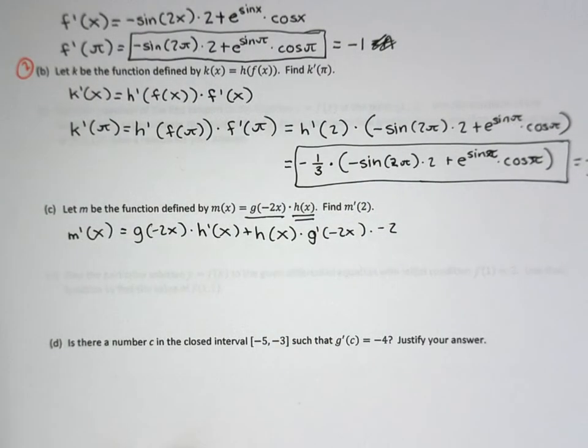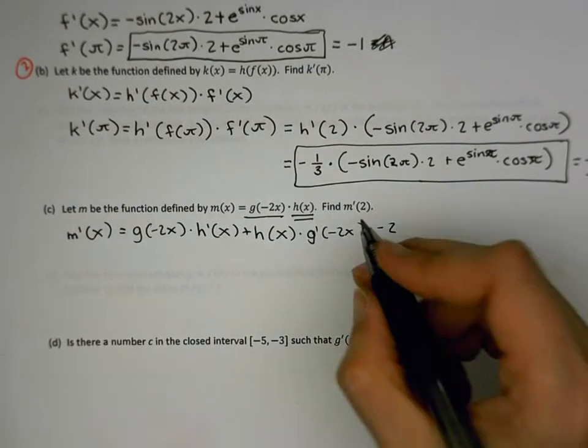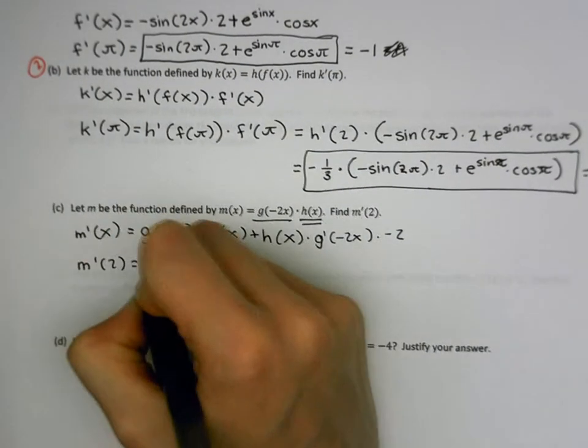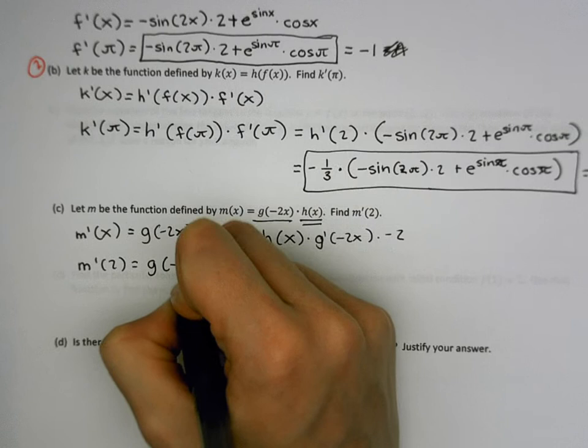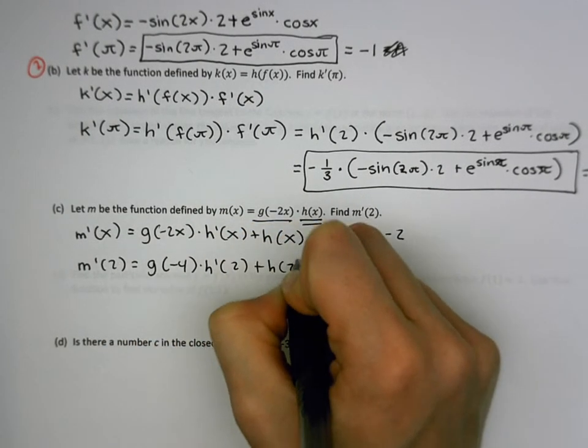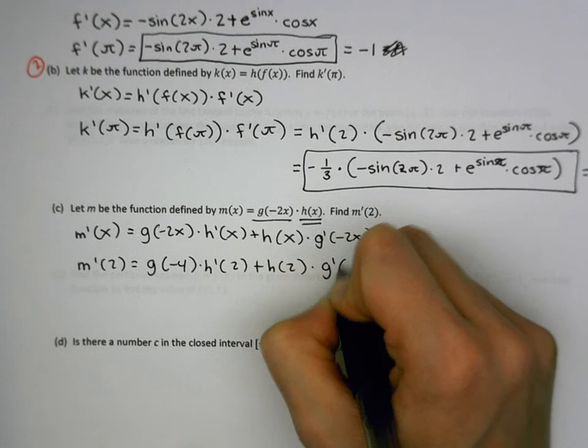And then plugging in 2 in this case, m prime of 2 equals g of negative 4 times h prime of 2 plus h of 2 times g prime of negative 4 times negative 2.